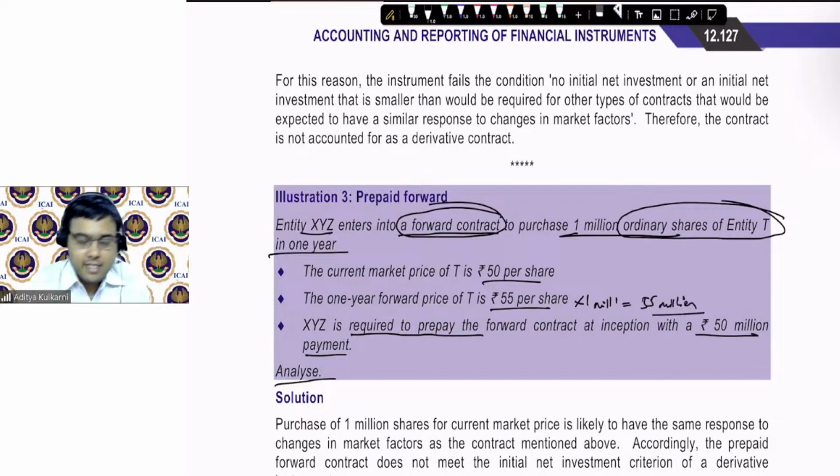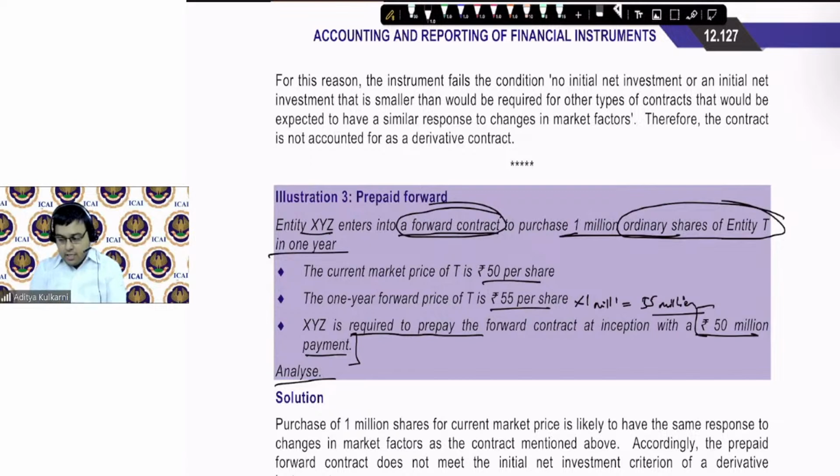This much will be paid. But at the time of initially entering into the contract, the inception value is 50 million. The contract value is 55 million, and you say that initially I pay 50 million.